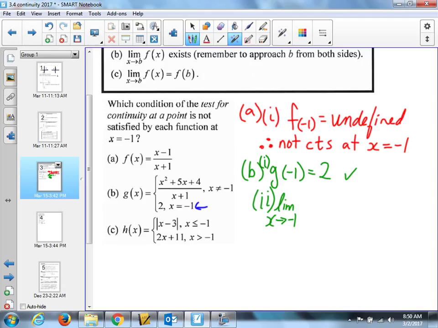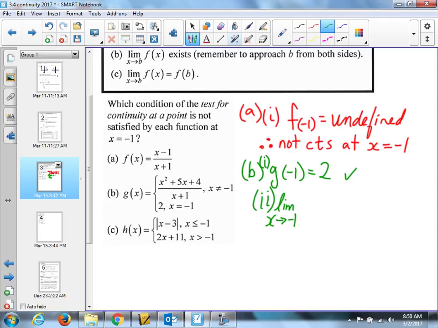Well, we're approaching -1, but remember, philosophically, we're not letting it equal -1. So we're actually going to use this portion because this is for everything that's not -1. That includes -1.0001 and -0.999, right? As you approach -1 from left or right.